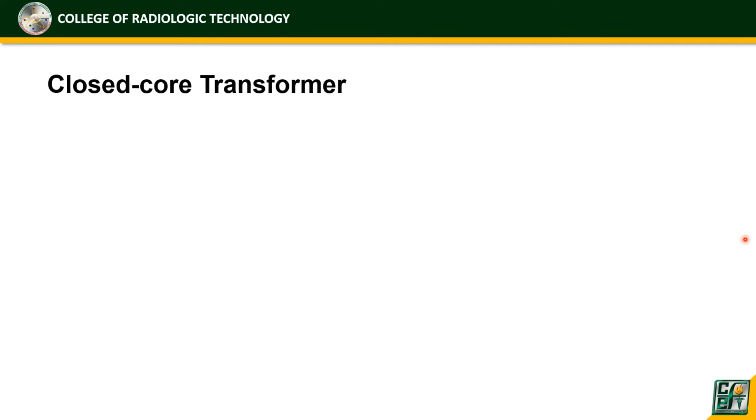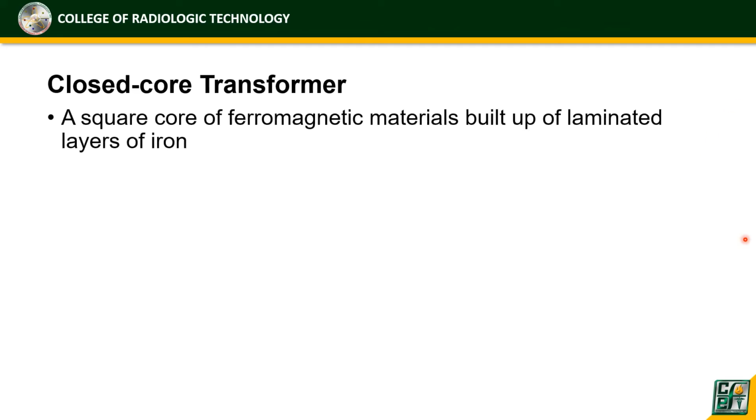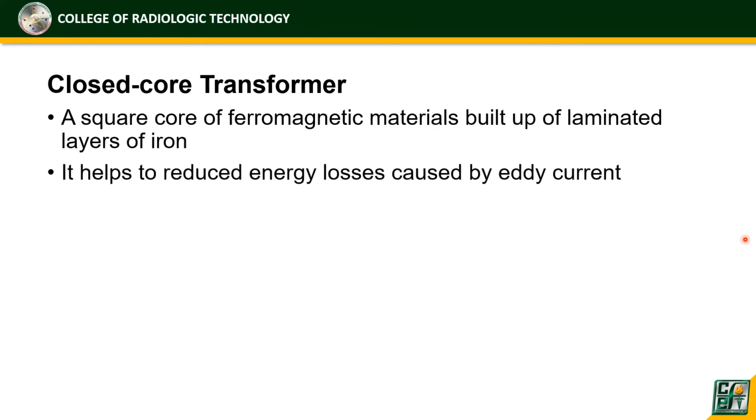The closed core transformer is a square core of ferromagnetic material built up of laminated layers of iron. It helps to reduce energy losses caused by eddy current. And we will be discussing what eddy current is in the following slides.